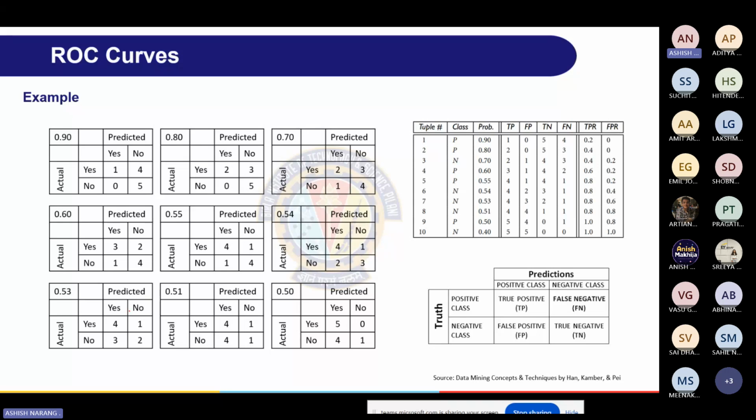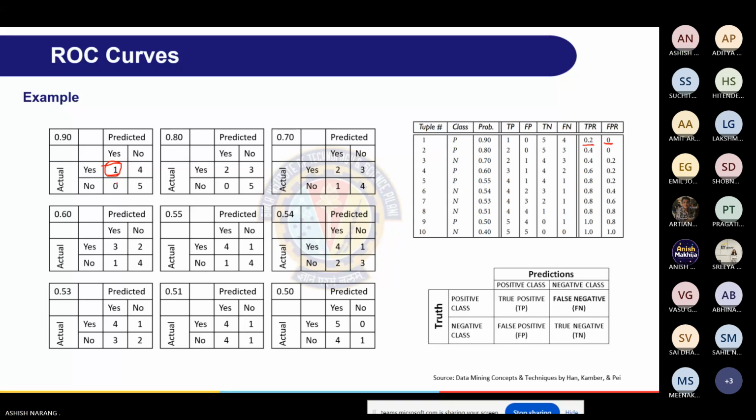So if you look at this particular model, TPR is 0.2, FPR is 0, false positive rate is 0, which is falsely labeled as positive.